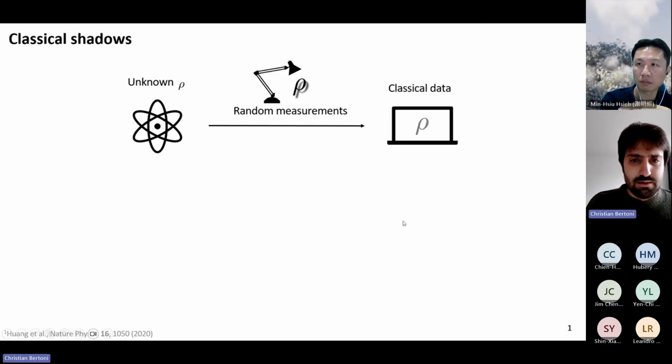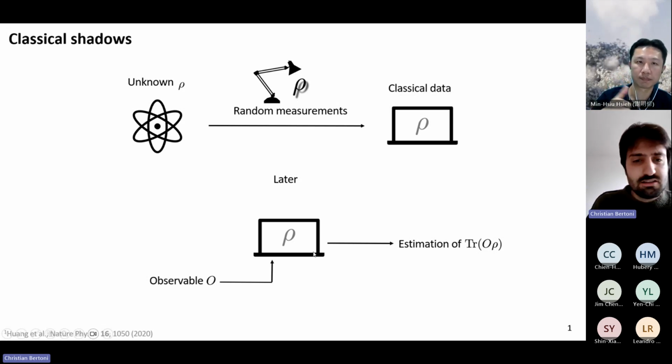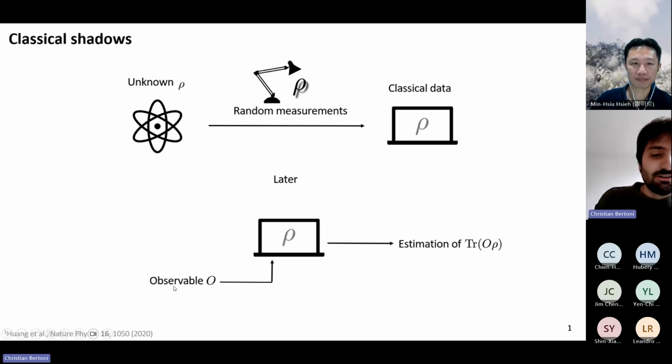And what do I mean by representation? I mean that if anybody later is interested in some observable O, by the way, can you see my cursor when I'm pointing at things? Yes. Okay, great, thank you. If anybody is interested in some observable later, the classical data on the computer can be used to estimate the expectation value of this observable.